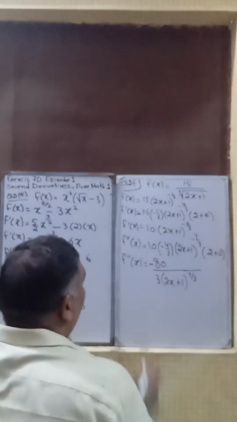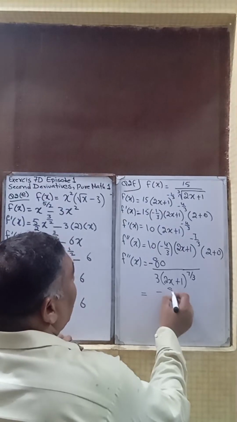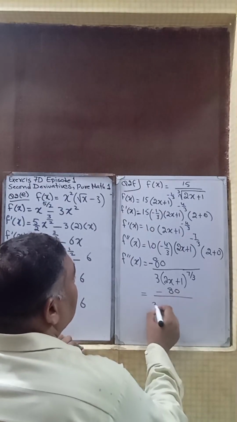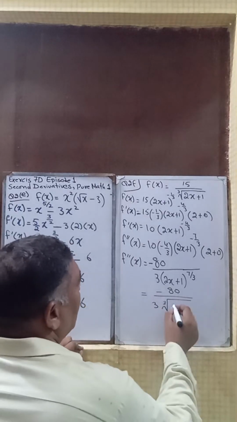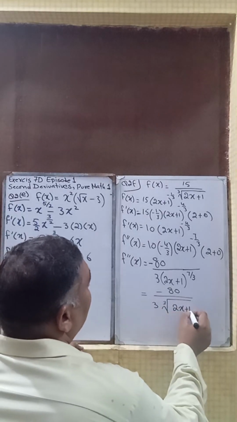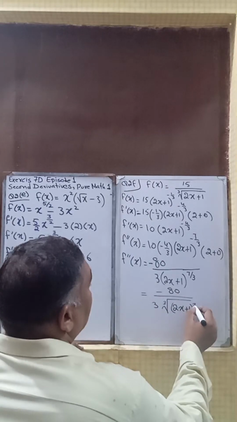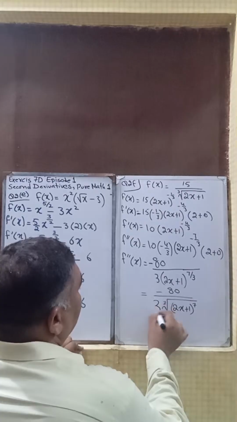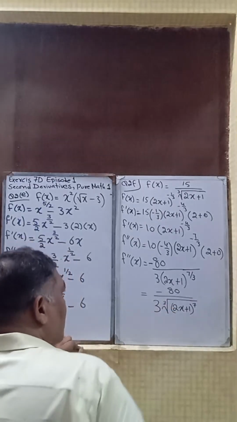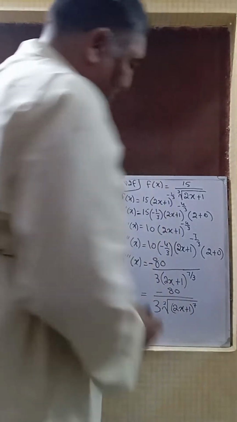So I can write this in the radical form. So this will be minus 80 divided by 3, and a small 3 here means the third root of (2x plus 1) raised to power 7. Let me make this 3 a little larger. So I hope this is the answer.